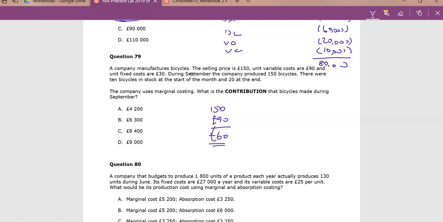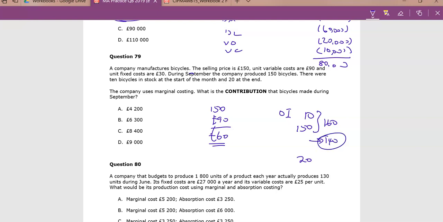What happened is you had 10 bicycles in stock, opening inventory, and then you produced another 150. So you now have 160 bicycles in stock, and you must have sold a certain number to have 20 left at the end. So you must have sold 140 bicycles.